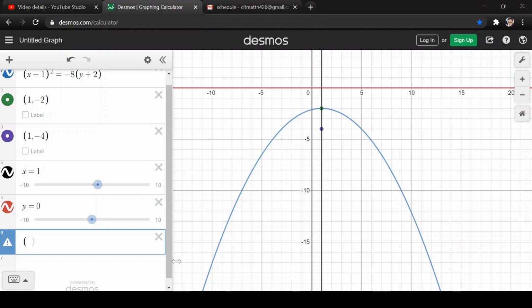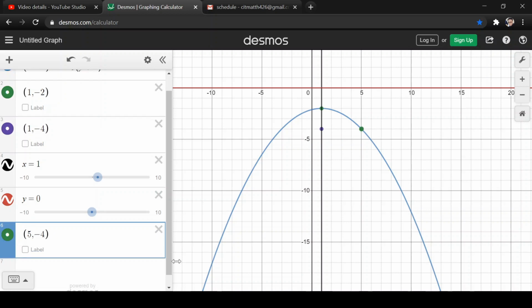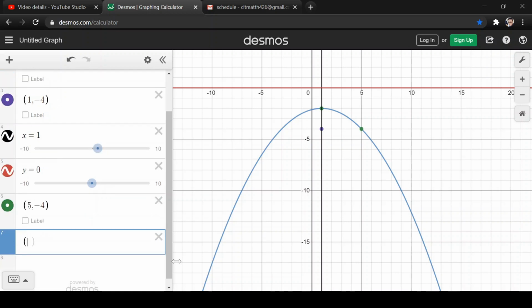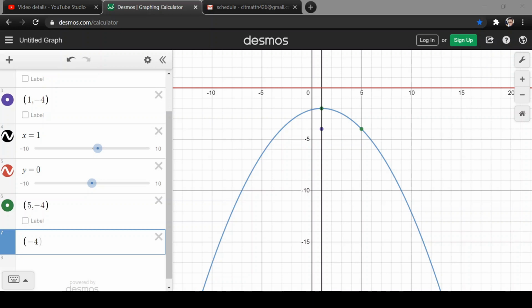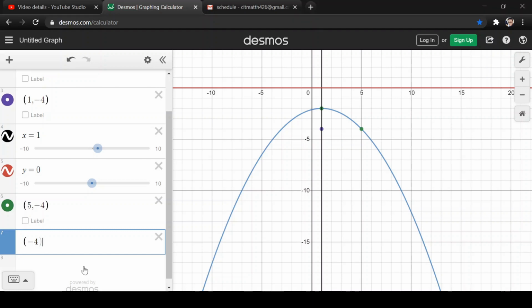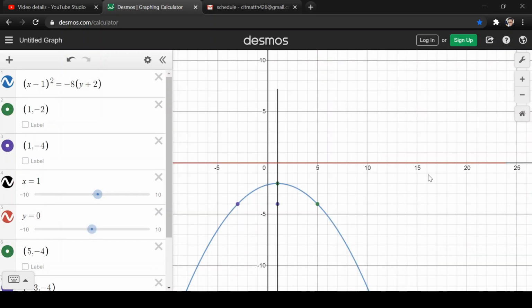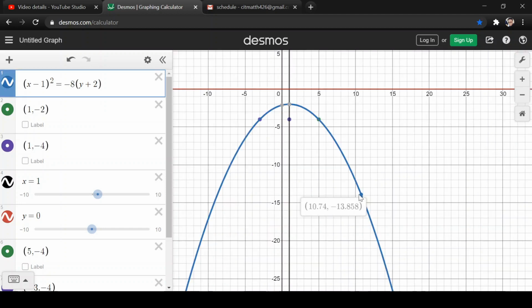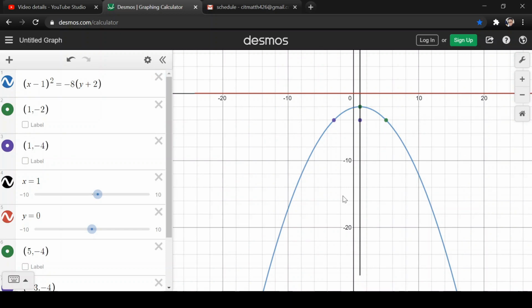These are the endpoints of our latus rectum. So see, it's actually here. So our computation is correct. Even if we don't have the graphing calculator, we know how the parabola looks.